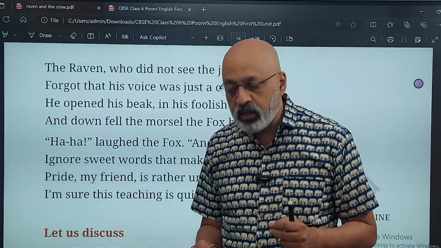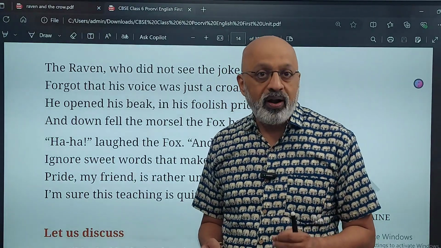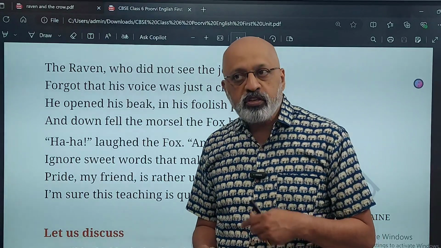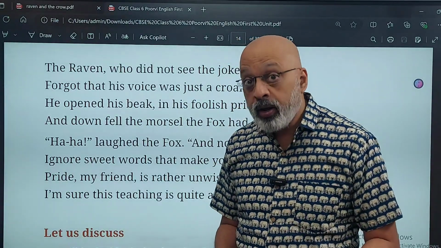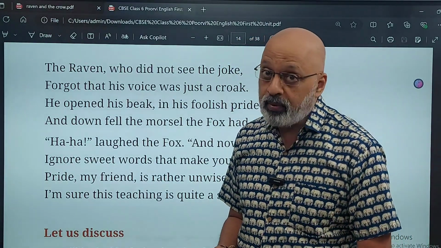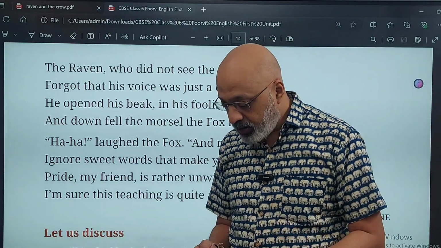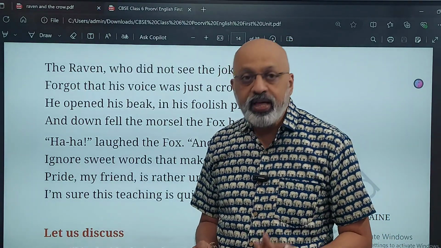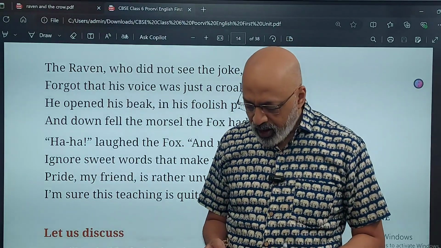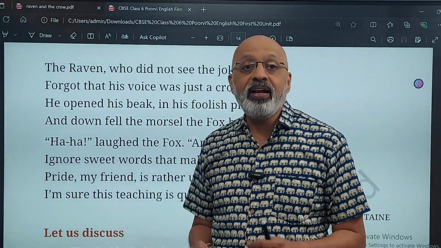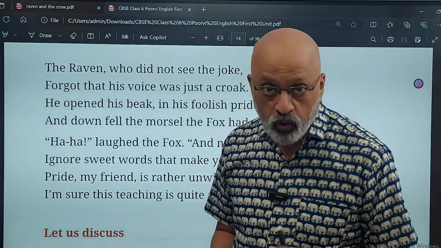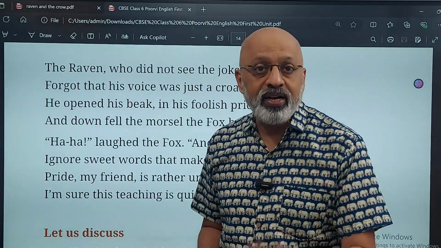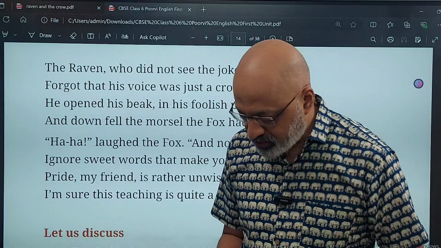So the poet is warning everyone against the danger of excessive pride, because the fox has flattered the raven कि तुम गाना गाओ, अब गाना गाइए ना, okay, and it kind of causes the raven to drop the morsel that it was holding, जो भी पकड़ा हुआ था, and it means that pride can lead to foolish actions. Okay, that's what this thing, जिसका कि परिणाम अच्छा नहीं होता है, it leads to bad consequences.